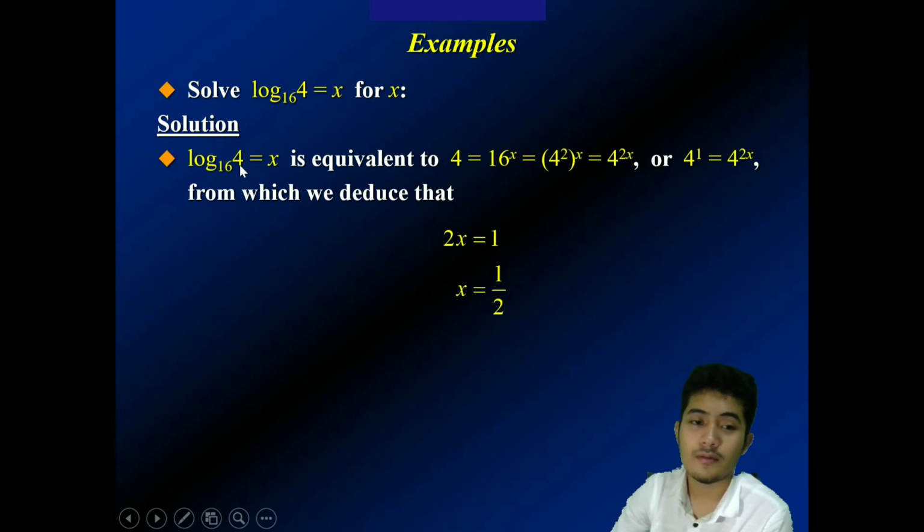Solution: log of 4 to the base 16 equals x is equivalent to 4 equals 16 raised to x, which equals 4 squared raised to x, or 4 raised to 1 equals 4 raised to 2x, from which we deduce that 2x equals 1, x equals a half.